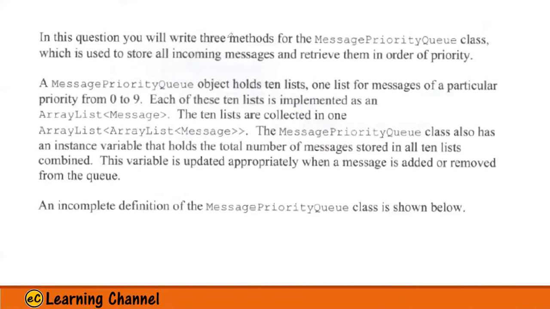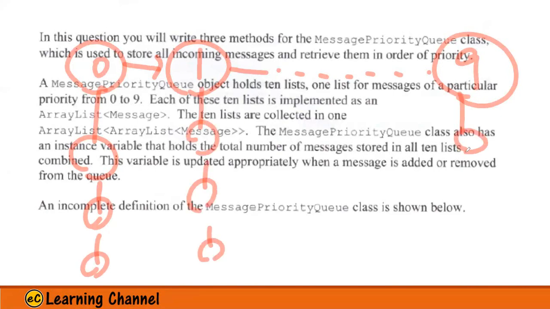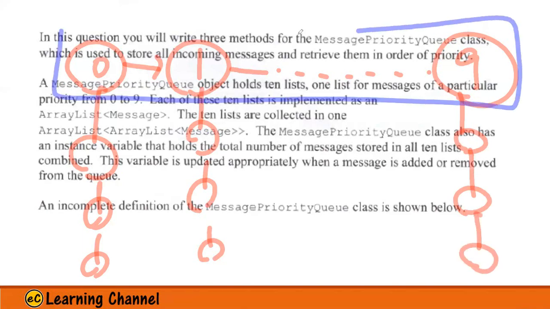So basically you have 0, 1, 2, up to 9 different priorities, and each one will have certain messages associated with it. And this is an ArrayList, and this is another ArrayList.